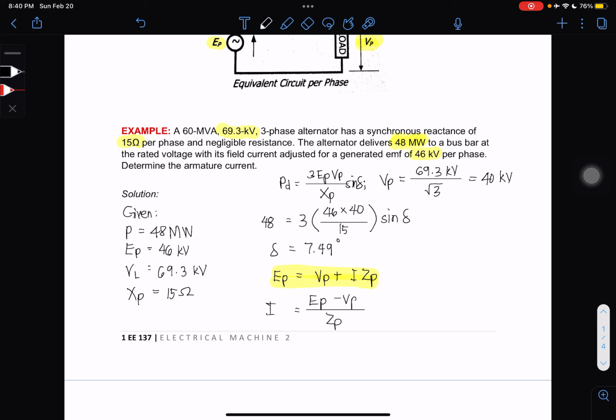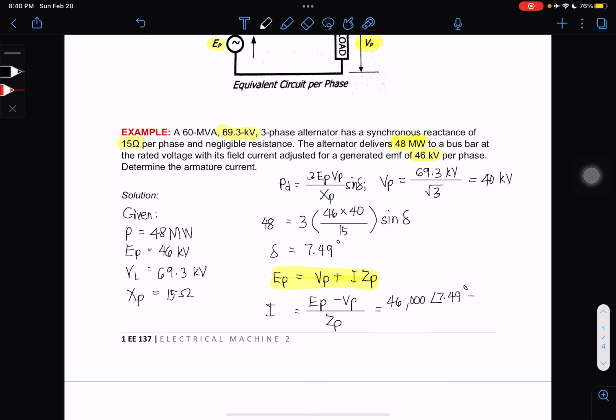Given naman tanan, no? So we have our EP is 46,000 volts. Ang angle nato niya is nakuha na to ganina 7.49 degrees. Minus our VP is 40 kilovolts or 40,000 volts with an angle of 0 degrees.